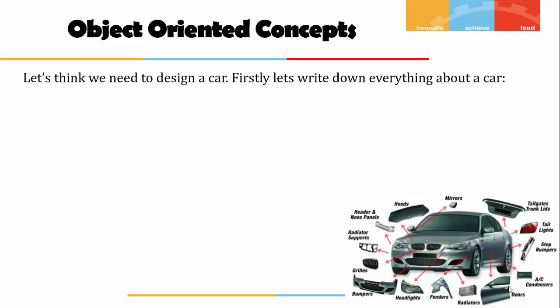Now we consider a real life example to understand this concept properly. Suppose we have to design a car. To design a car, we need to know what a car is, what the characteristics of a car are, what functionalities we can do in a car, and what happens internally. So, first of all, let's see the characteristics.